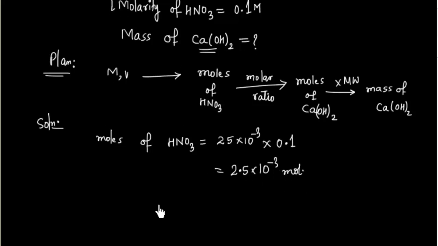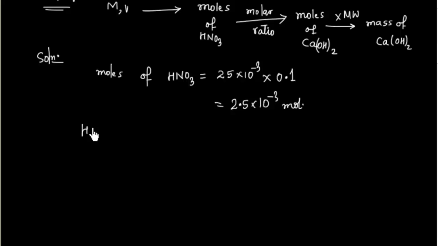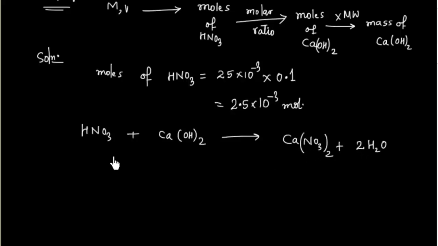Now we can write the reaction: 2HNO3 plus calcium hydroxide gives calcium nitrate, Ca(NO3)2, plus 2H2O. We have to write 2 here also.